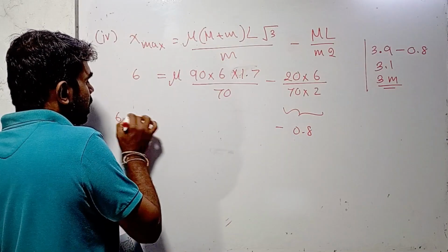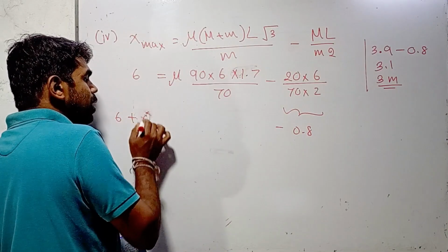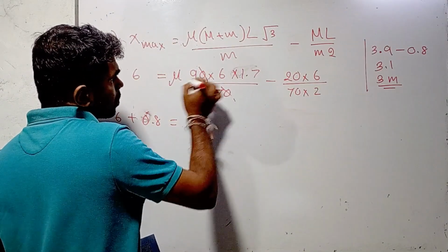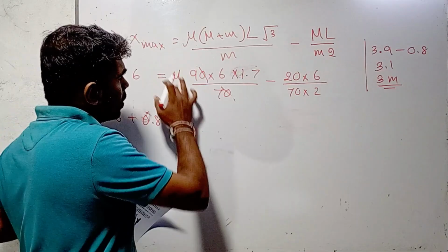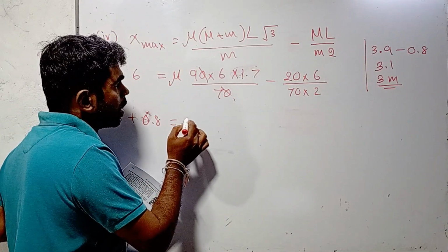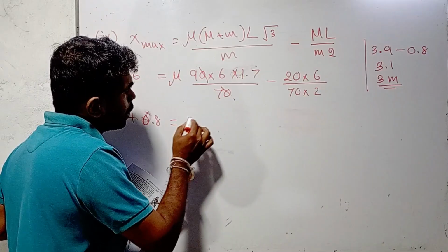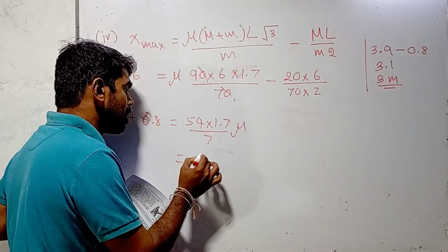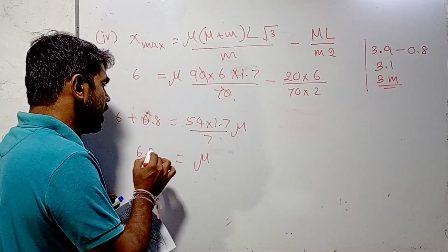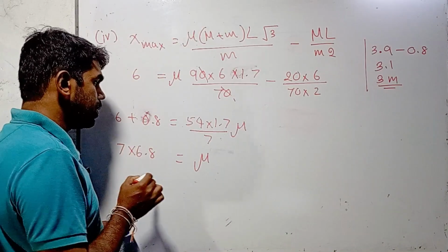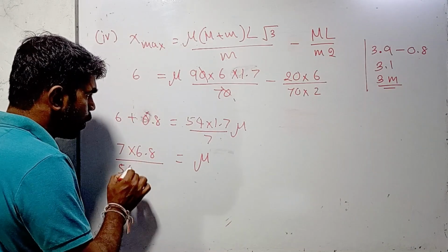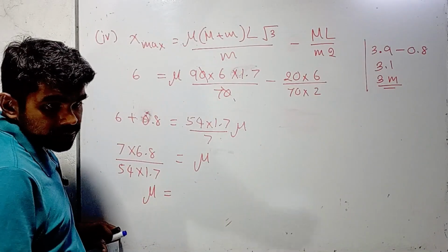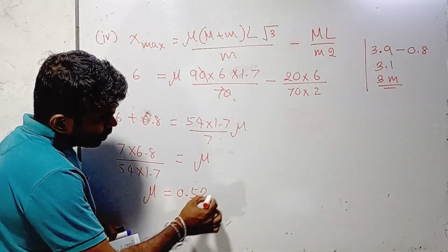I will bring it to the right hand side. 6 plus 0.8 should be equal to this one. 90 into 6, 540 into 1.7 divided by 70 mu. Then we can make mu the subject: 6.8 multiplied by 70 divided by 540 into 1.7. And you can simplify it and obtain the answer 0.52.